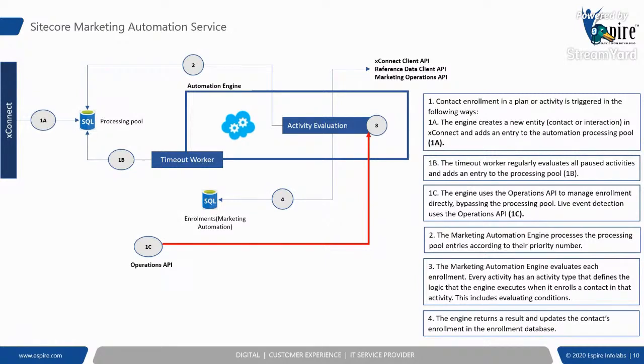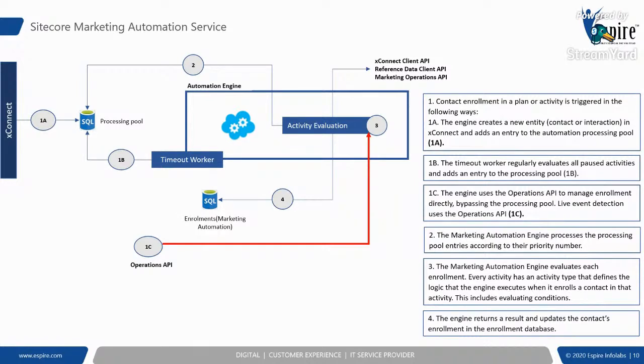And then the second part is to send communication in the form of email or SMS or anything. So it will now send email to those customers whose first name is Vikas. So this is the third part, to evaluate all the enrollments based on their activities or actions, whatever we have defined in that particular campaign.